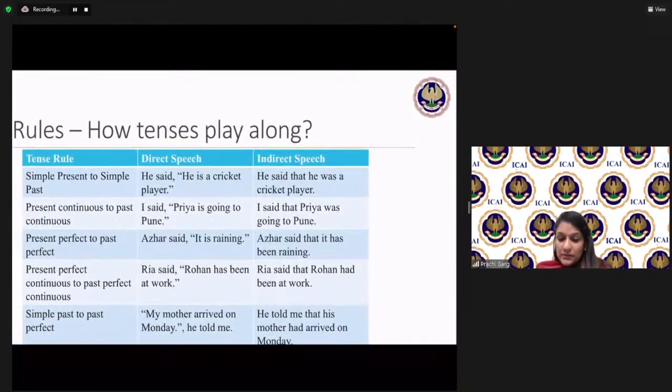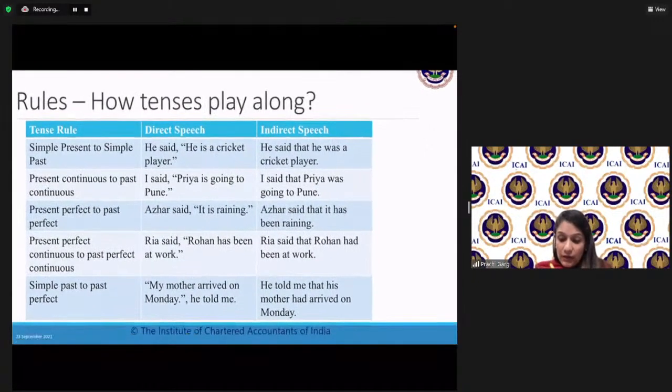I said Priya is going to Pune. I said that Priya was going to Pune. Azhar said it is raining. Okay, it has been raining.